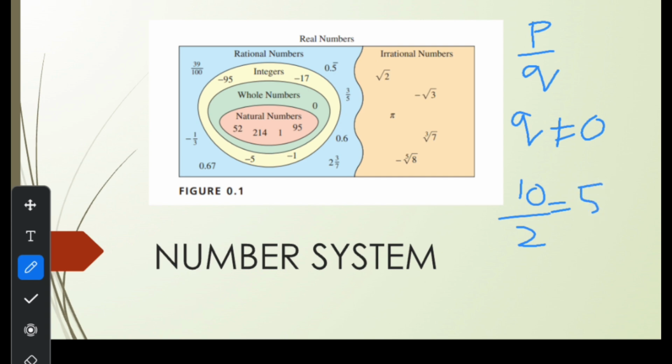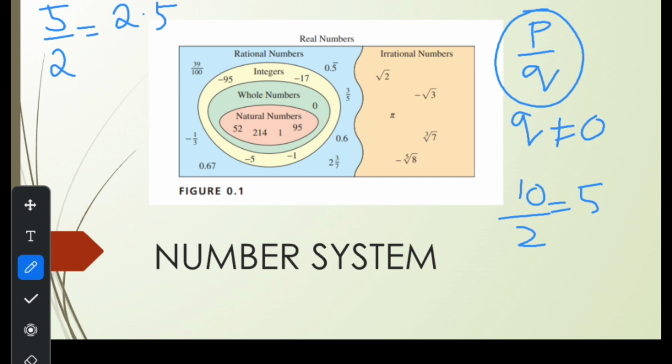That means a rational number is a whole number or a terminating decimal number. Let's take another example. If I say 5 is divided by 2, in that case the quotient is 2.5, which is again a terminating decimal number. So rational numbers are those numbers which are formed when an integer is divided by an integer, provided that the denominator is not 0.